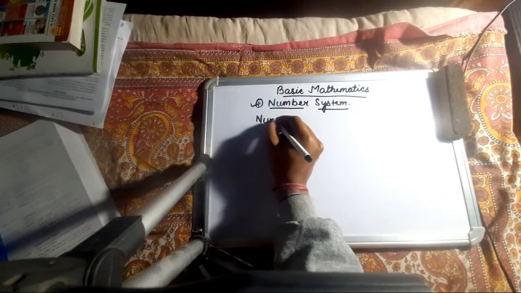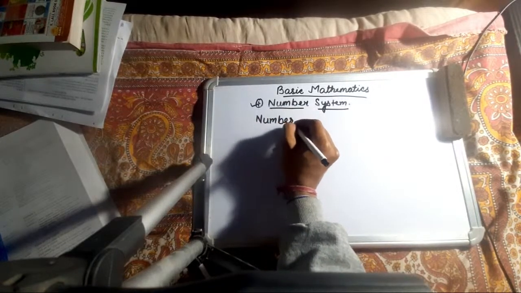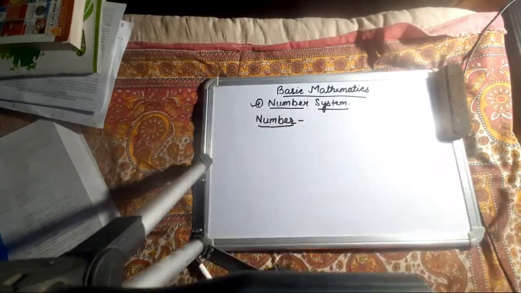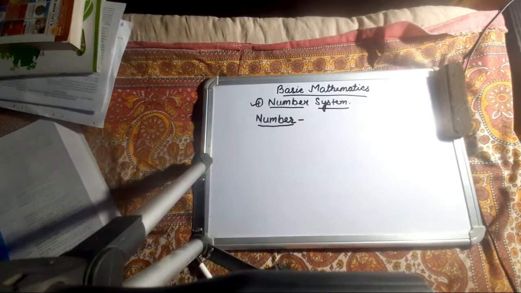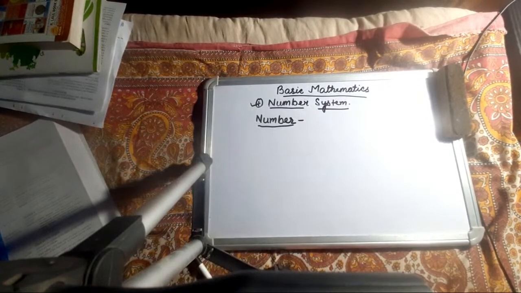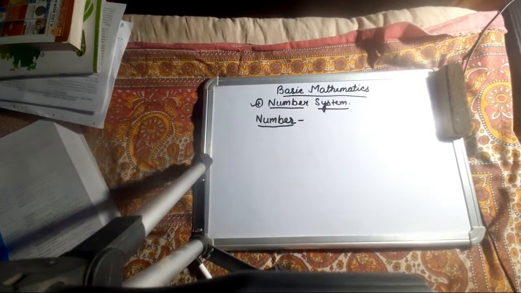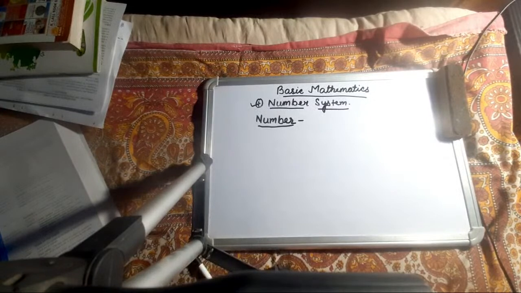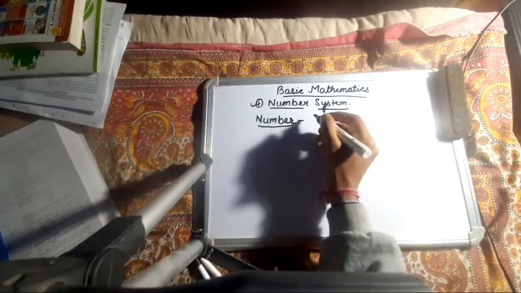There are various types of number, but the simple answer to this question, that what is a number, we could call a number is a mathematical symbol represented by a set of digits. Okay, or a mathematical symbol represented by a set of digits is known as number.